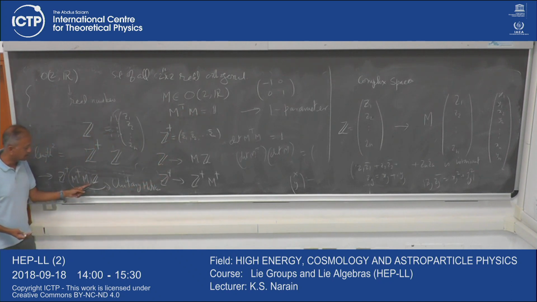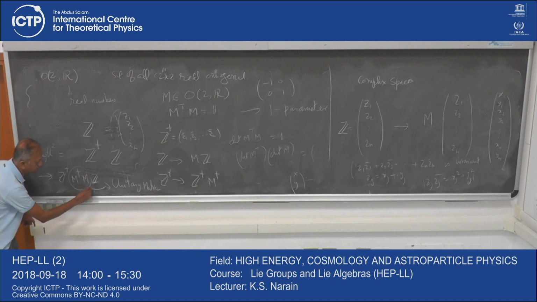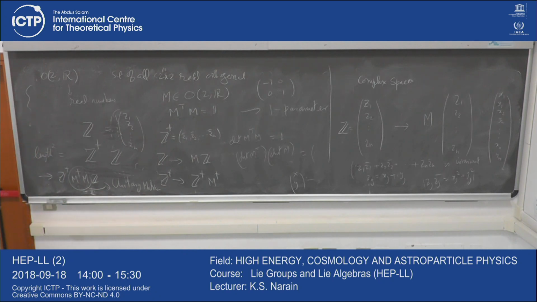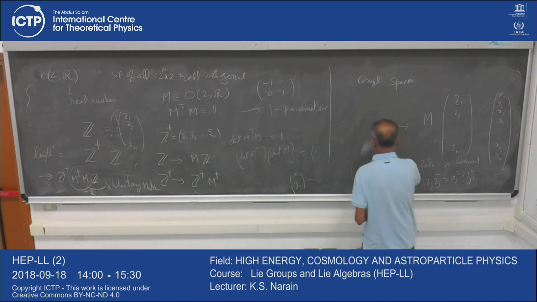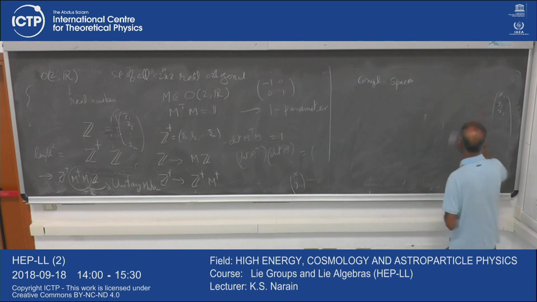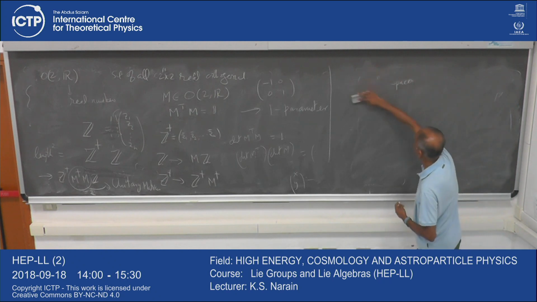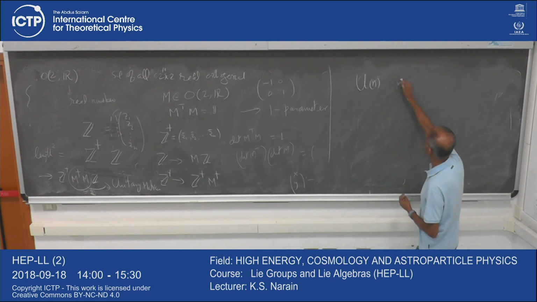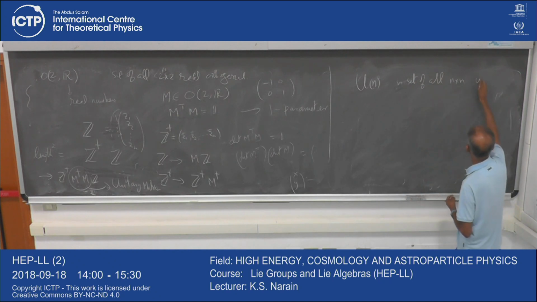Here in the complex case, if M dagger M is identity, then such matrices are called unitary matrices. Here's the definition, terminology. This is usually denoted by UN. UN is the set of all n cross n unitary matrices.